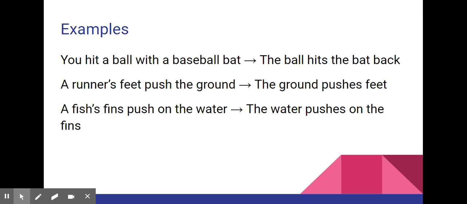A fish's fins push on the water, the water pushes on the fins. So we only really get these reactions if we have action-reaction force pairs. That baseball bat is hitting the ball, and because it's making contact, the ball is making contact with the baseball bat. A fish pushing on the water isn't going to move unless the water pushes back.